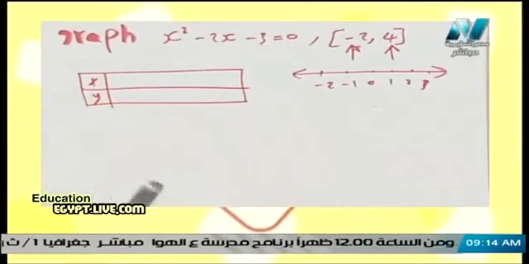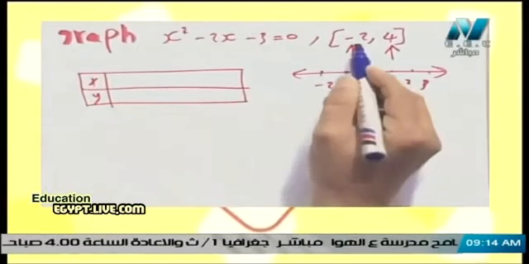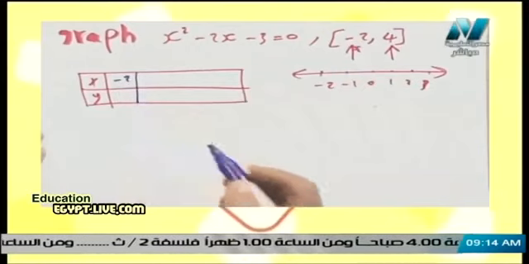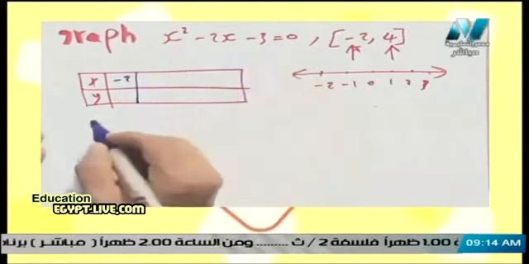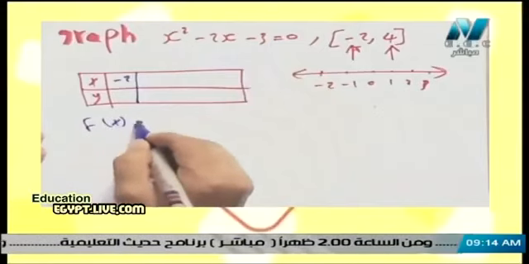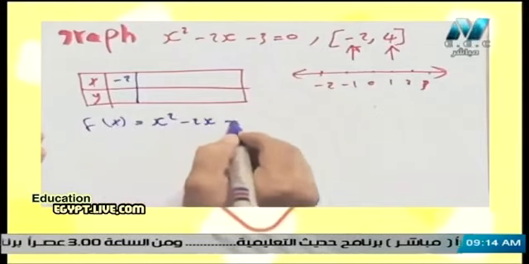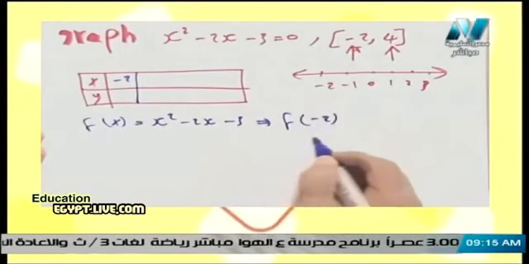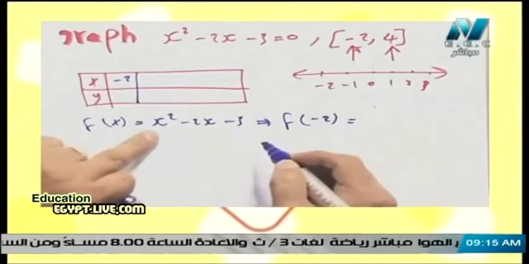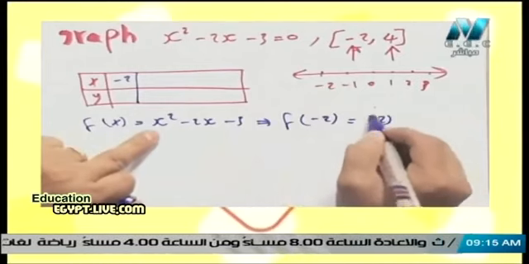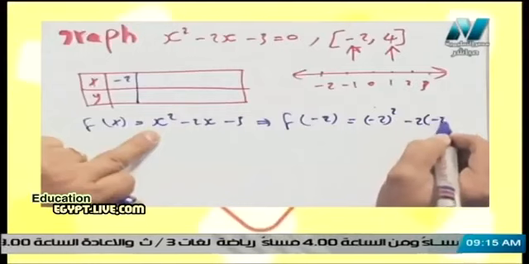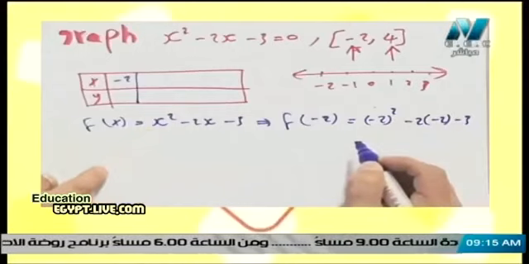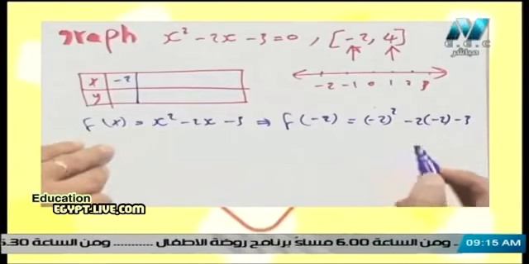What is x? x here is the number -2 first. When we substitute in the function f(x) = x² − 2x − 3, f(-2) equals: we substitute x by -2, (-2)² − 2 × (-2) − 3, and the answer will be 5.